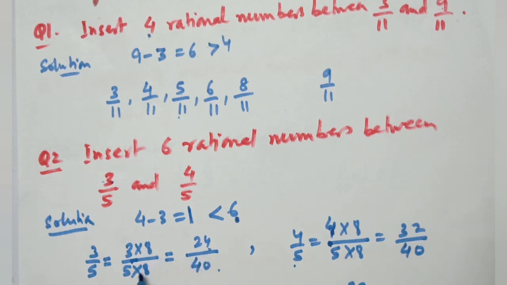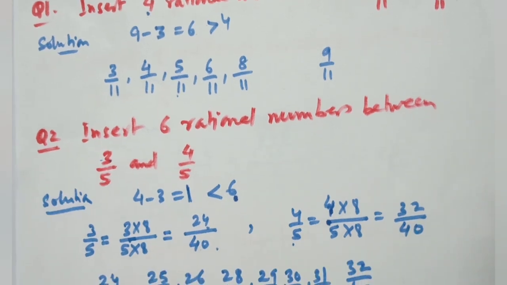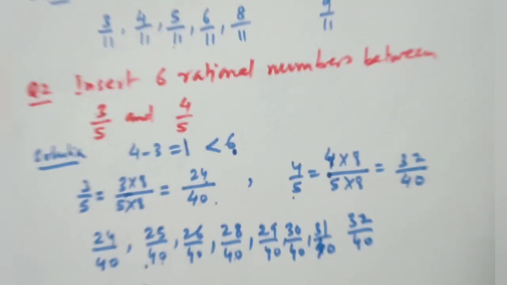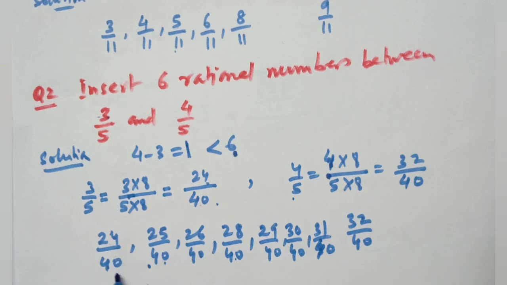So we are multiplying both numbers by 8, and now you can see the difference of the numerators will be greater than 6. After that you write 24 by 40, 32 by 40, and between these two you can write any number, 25, 26, 28, 29, 30, 31. All these numbers are between 24 and 32, and then you get the 6.